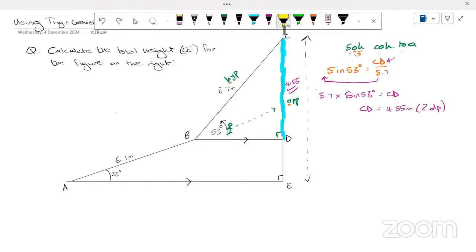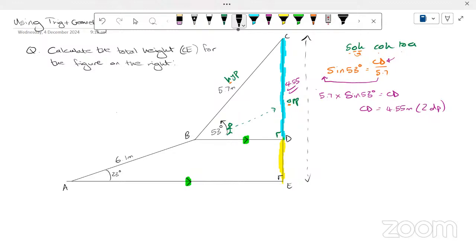So to find the next part, which is DE, I've got to look at the next shape. Now, if we look at DE, we also have these two parallel lines. Before we go there, these two parallel lines mean we can get some angles involved. This is 90 degrees, this is 90 degrees here as well, and I can see this is 23 degrees. What if I broke this up into different parts?